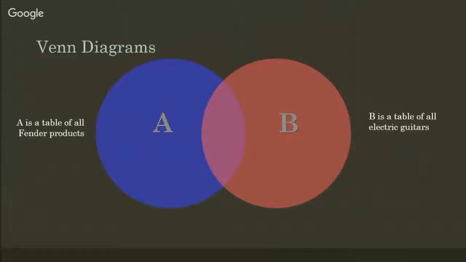As a summary, we'd show two tables, table A and table B, each representing a set of data, and then whatever overlaps between A and B. Taking the musical instrument example, you could have a table of all the Fender products, and a different table with all the electric guitars. There'd be things that wouldn't match, and things that would match or overlap.